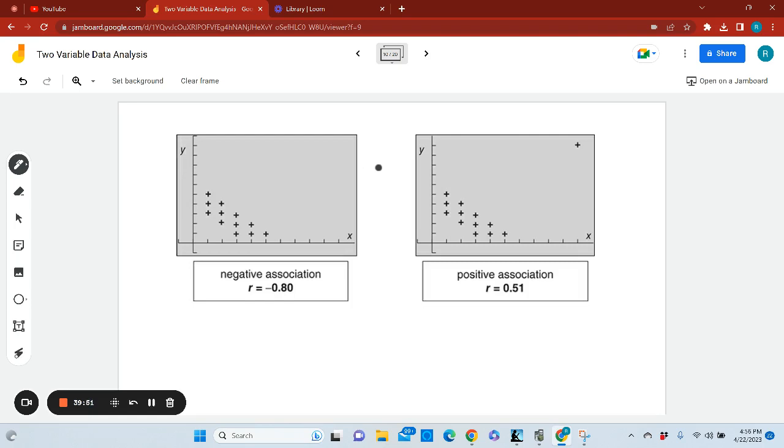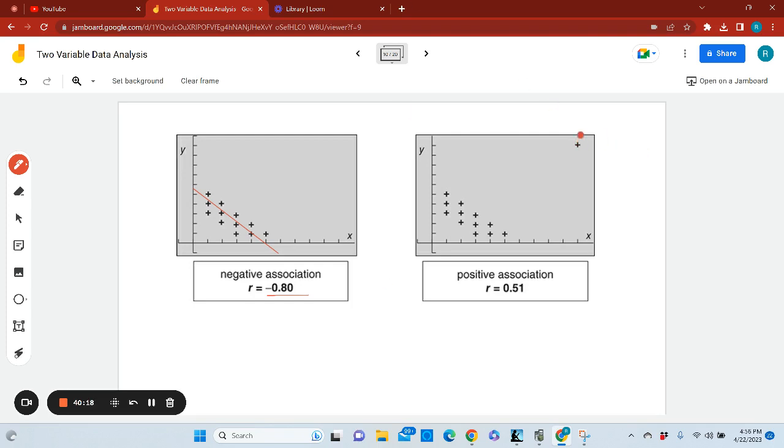But I was talking about earlier how the correlation coefficient is not resistant. Okay, check out these two graphs. They're almost exactly the same. If you look at this one on the left, this is a downward sloping pattern. Okay, and that's clear based on the correlation coefficient of negative 0.8.